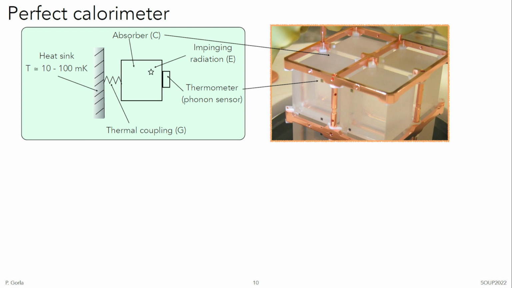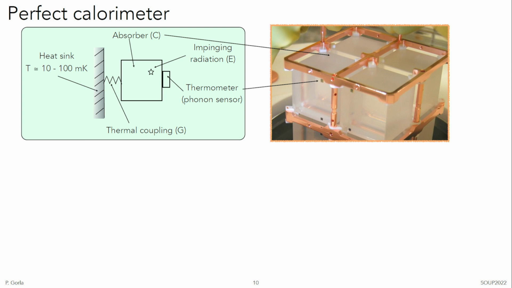This coupling is very relevant to the working of this device, because if it is too strong, the energy flows to the sink before you are able to measure it. So it has to be a weak thermal coupling, but it cannot be too weak, otherwise you get a very long signal and it's difficult to integrate the energy. And of course you have to have a sensor. This is a picture of one of the, I think this is one of the CUORE prototypes.